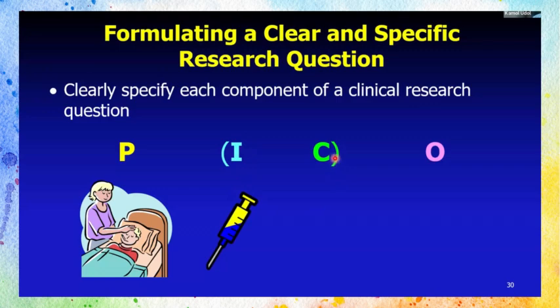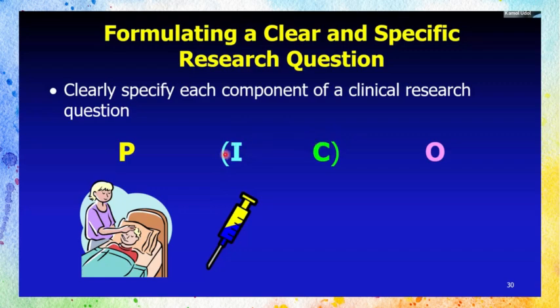C, comparator, comparison intervention. If you want to study the effect of an intervention on your target population, you need to compare it with something. For example, if the intervention is a new treatment, you would like to know whether it's effective or not in treating a disease. We have to compare it with some comparator, like no treatment or other kinds of treatments, for example.